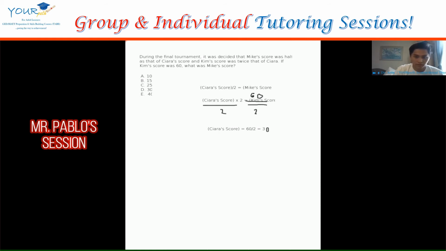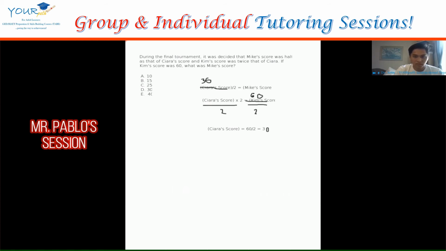So if you divide Sierra's score by 2, once again, it equals Mike's score. And we know from the bottom equation that Sierra's score is 30. So if we substitute 30 in for Sierra's score, then as you can see, Mike's score is already isolated in this equation. Mike's score is already by itself.